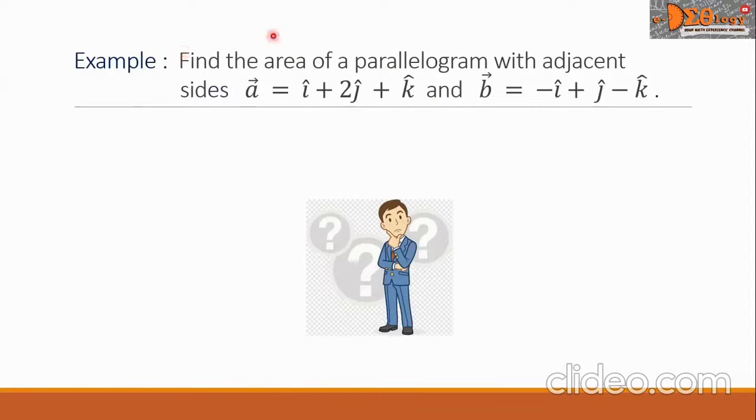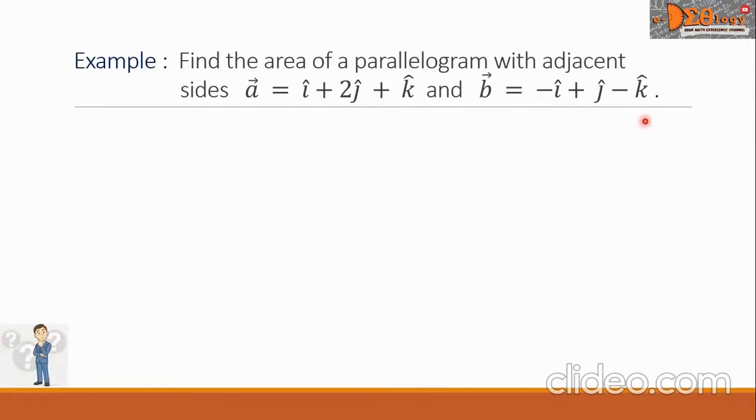Example, find the area of a parallelogram with adjacent sides vector A equals i plus 2j plus k, and vector B equals negative i plus j minus k. Let us write our formula for the area of parallelogram, and it's here now.